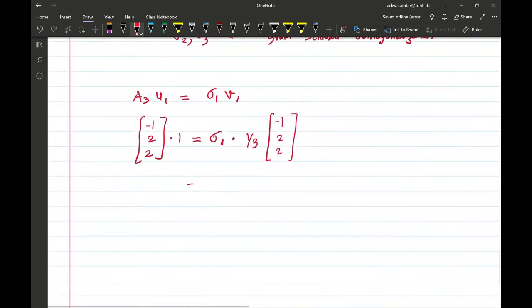This means that sigma 1 has to be equal to 3, which is nothing but the Euclidean norm of A3.